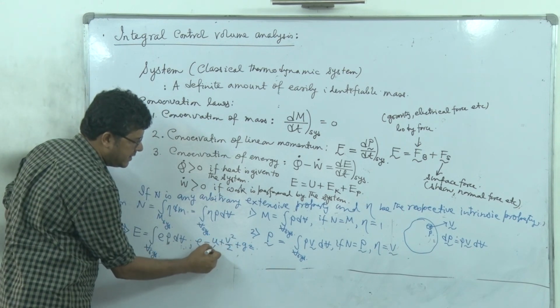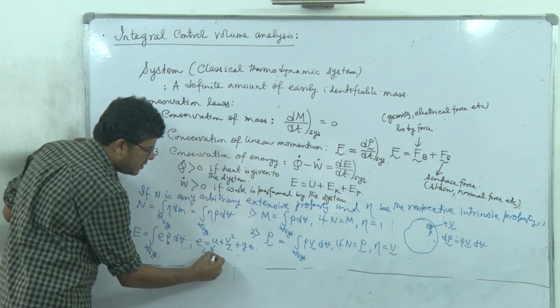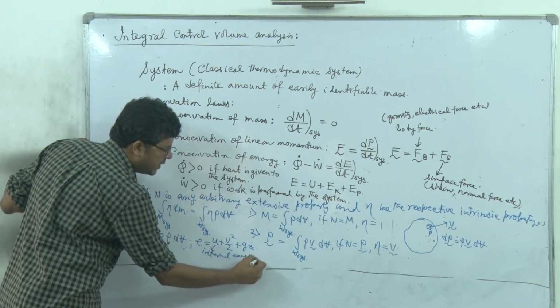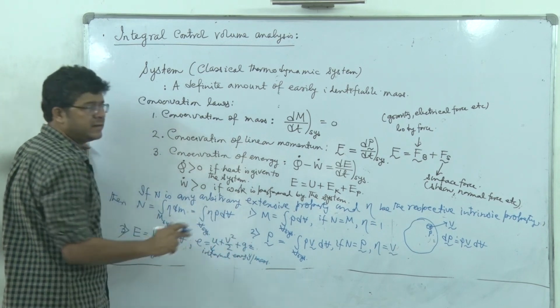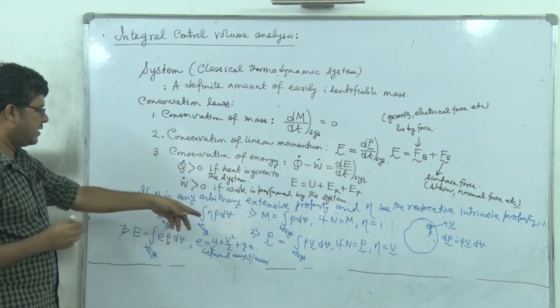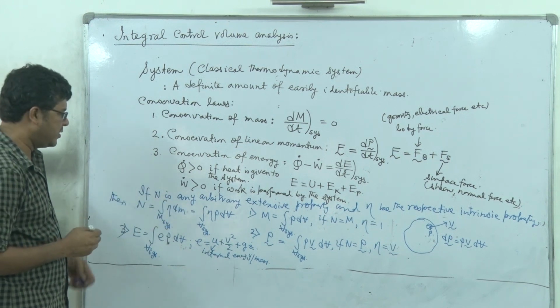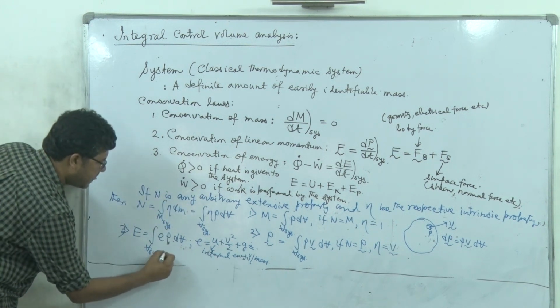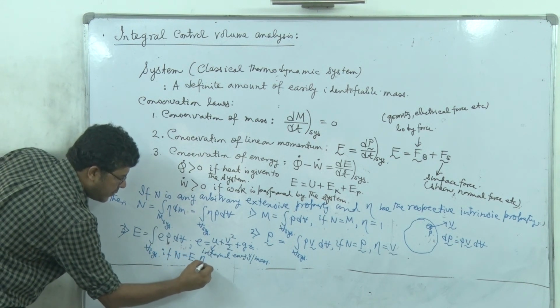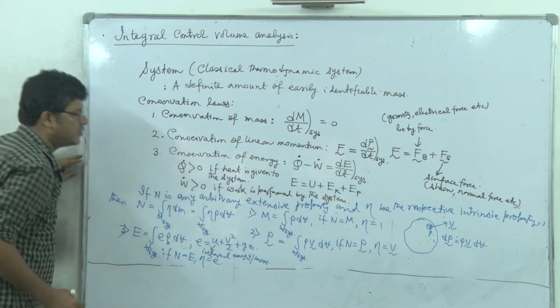So that is the internal energy per unit mass, and you can understand that v squared by 2 is the kinetic energy per unit mass and gz is the potential energy per unit mass. So if n is equal to capital E, eta is equal to small e.